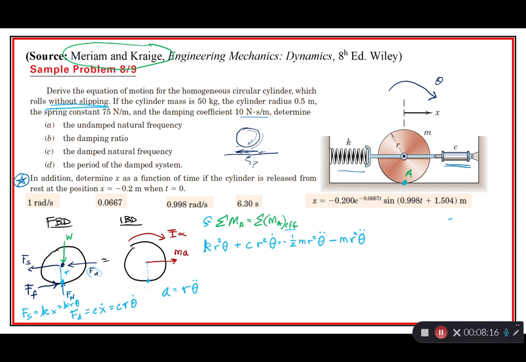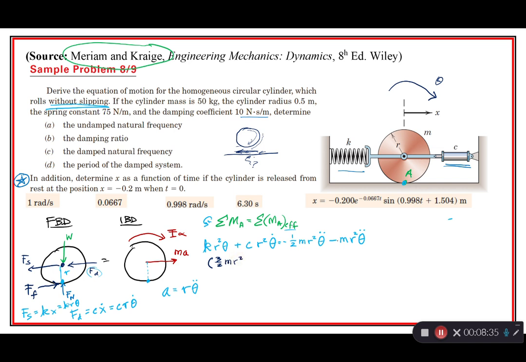So we rewrite all of these things into the equation of motion, which is usually going to be the main thing that we're going to try to concentrate on. It ends up being 3/2 times mass times r squared, right?